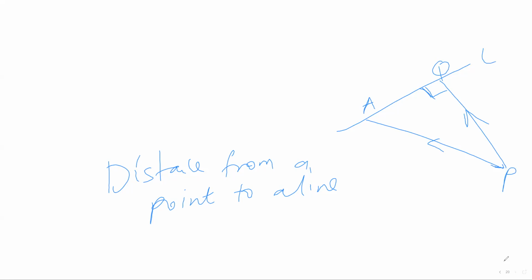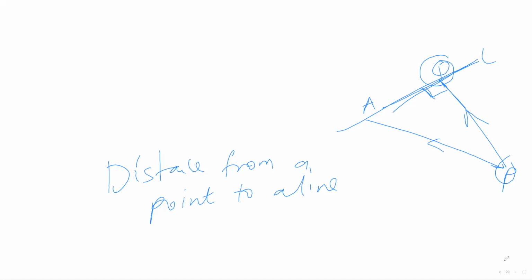So you can see Q is the foot of the perpendicular from the point P. You can see that this is perpendicular to that.